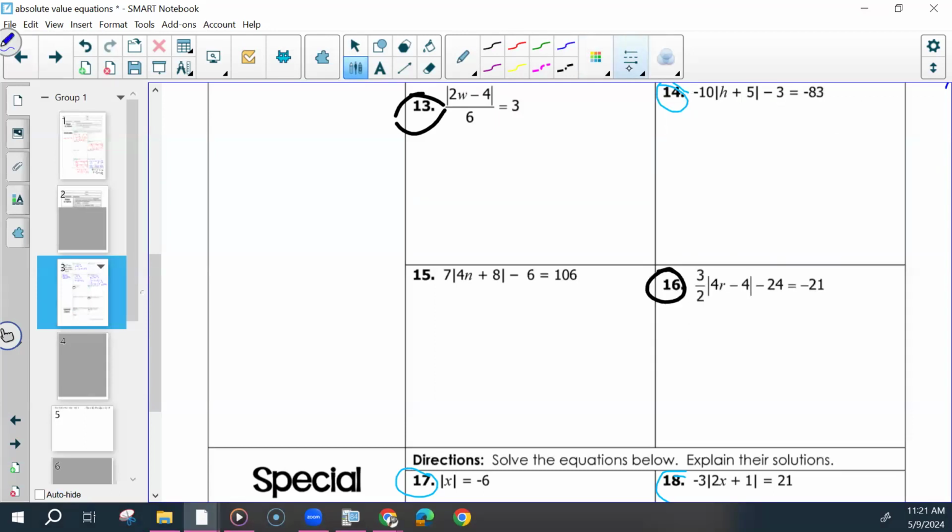So we have to isolate first on 13. We have to get rid of the 6. How would we do that? Multiply both sides. So these 6s would disappear, cancel. And you'd be left with the absolute value of 2w minus 4 equals 18. Then it's just like before. Drop the absolute value, set this equal to a negative and positive version. And solve for w. How would we do that?